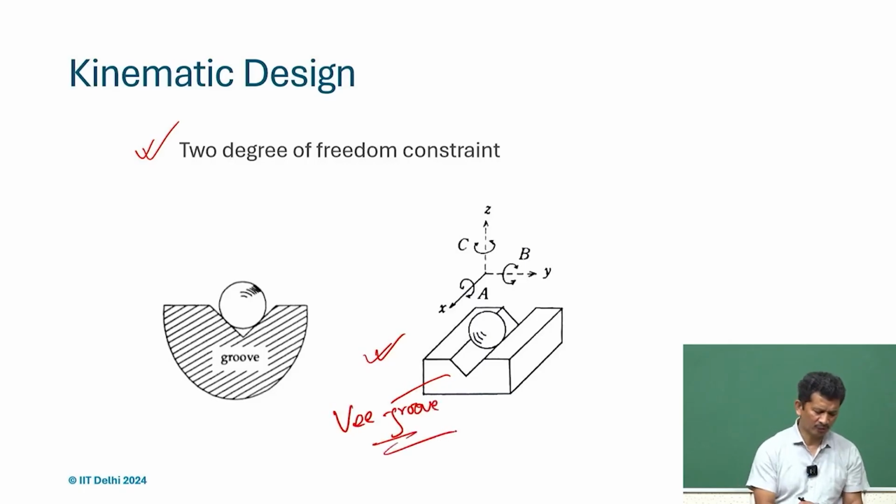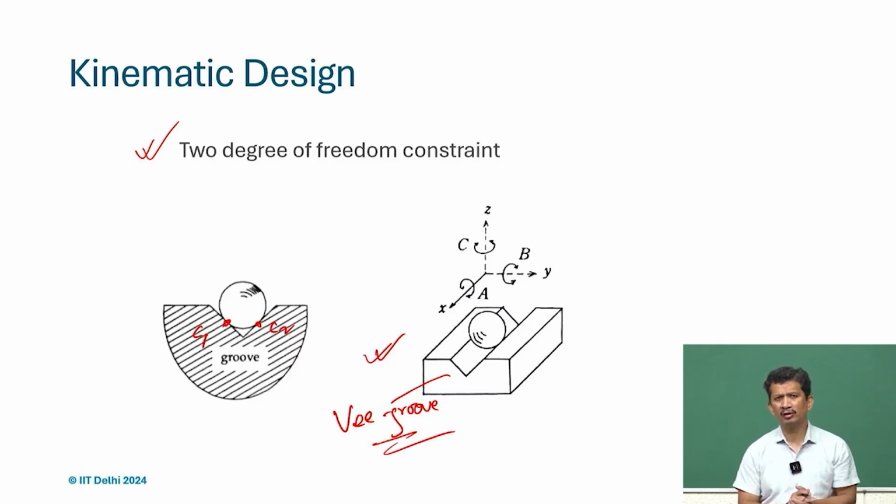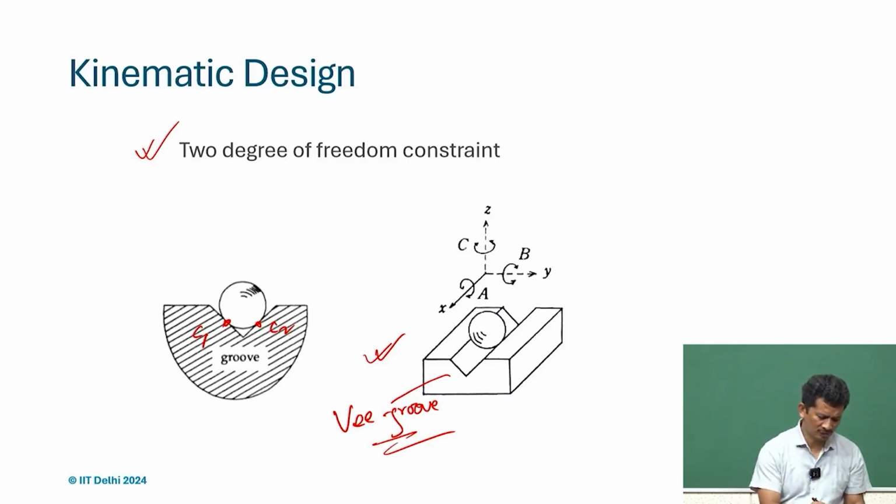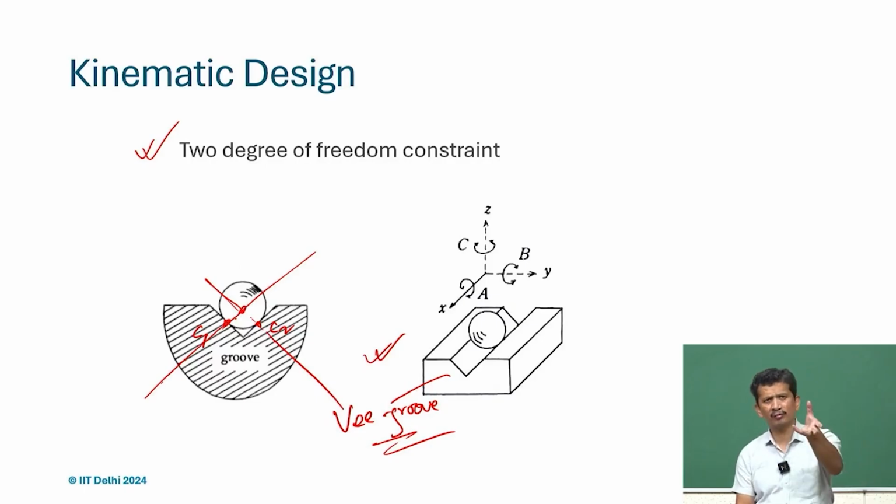The moment we put this sphere on the V groove, now we have 2 contacts. So, 2 contacts means 2 degree of freedom constraints. We can always define 2 constraints now, C1 and C2, and this ball can rotate. So, with 2 constraints we should have 4 degrees of freedom.